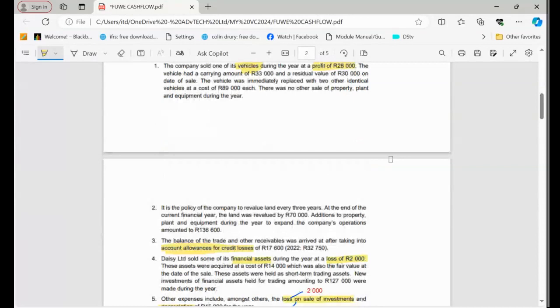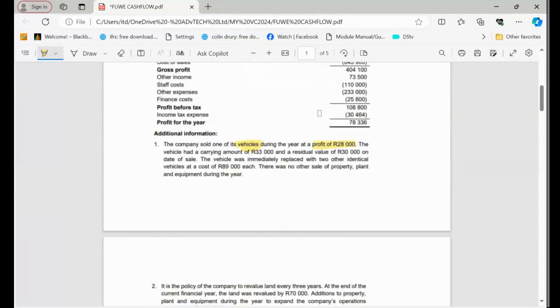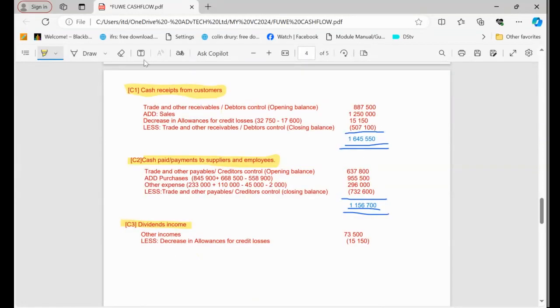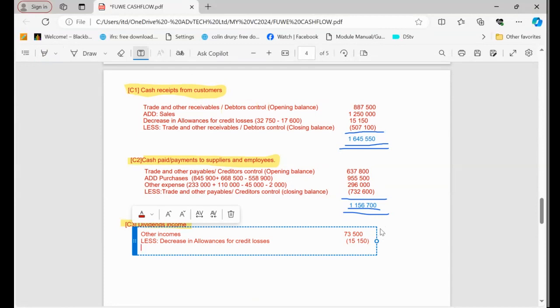So I'm gonna minus 28. Profit on sale. Just 28,000.